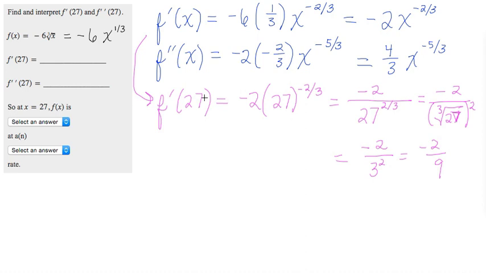So that means the first derivative is negative, -2/9 right there. Which means f of x is decreasing. Your first derivative tells you whether the function is increasing or decreasing. So f of x is decreasing. Now then the second part here says at an increasing or a decreasing rate.